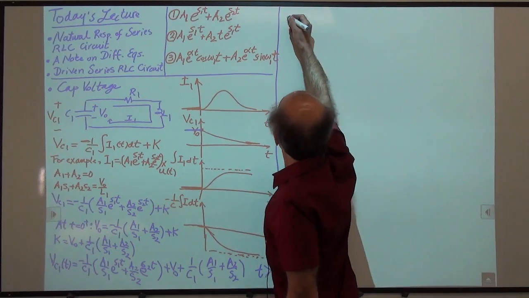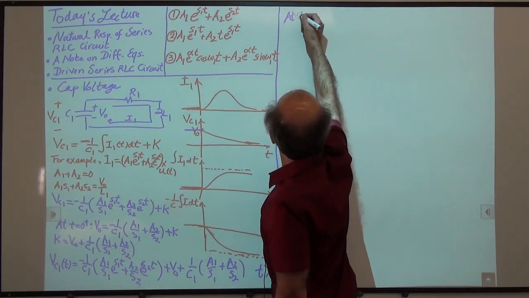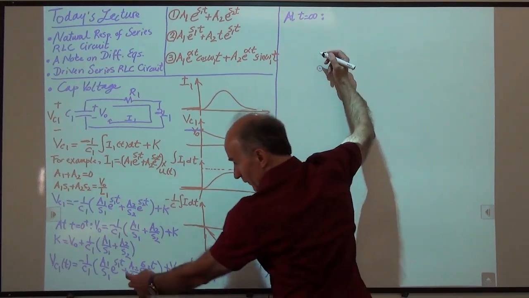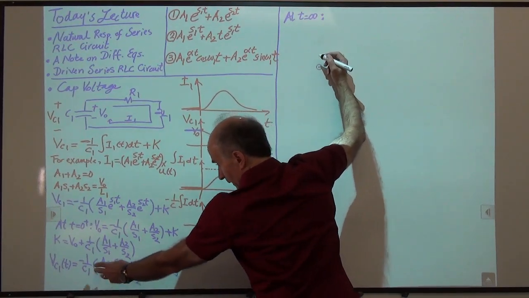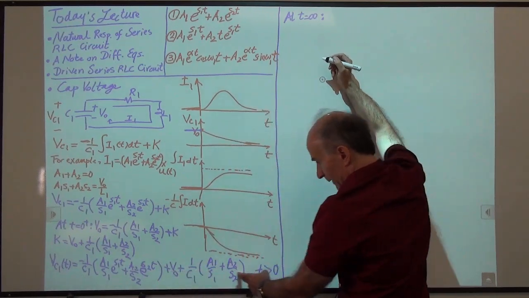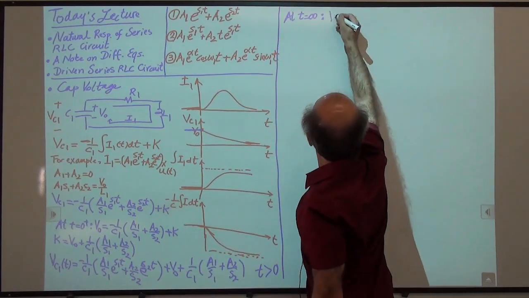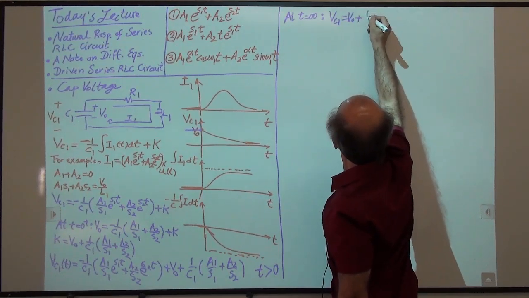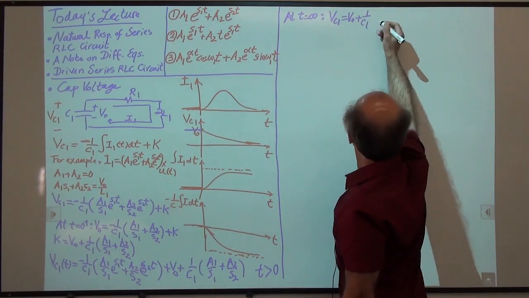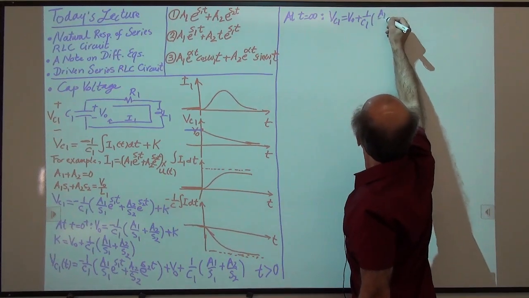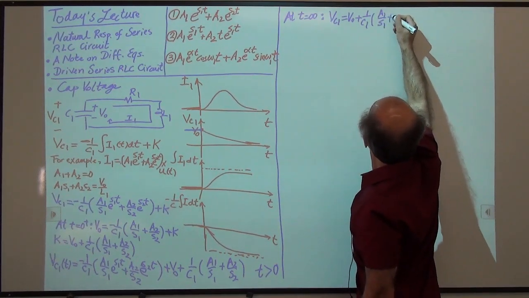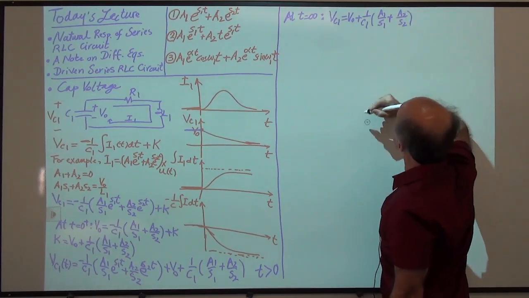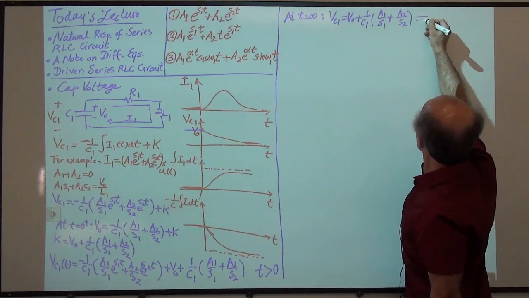So at t equals infinity, these are negative powers, so they all go to 0, and we have this expression. So we have VC1 is equal to V0 plus 1 over C1, A1 over S1 plus A2 over S2. The question is, is this 0?